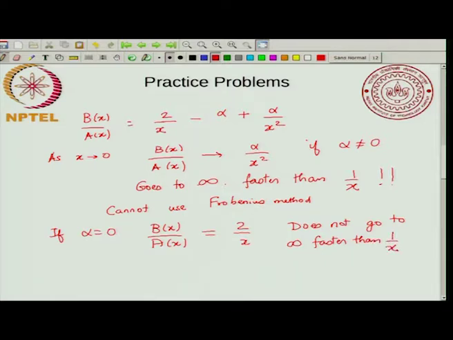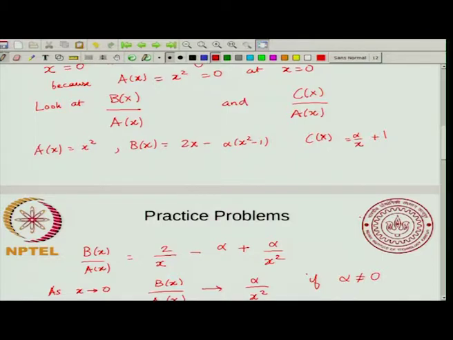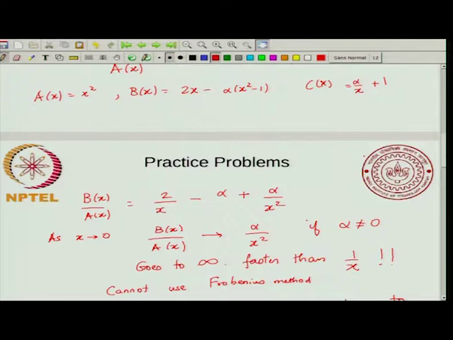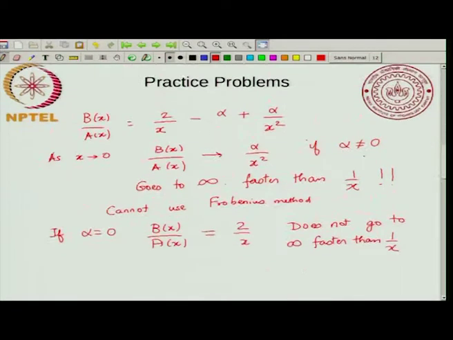So if alpha equal to 0, it appears that at least b by a is fine. What about c by a? So, c of x is alpha by x plus 1. Now, if alpha equal to 0, then it is just 1.